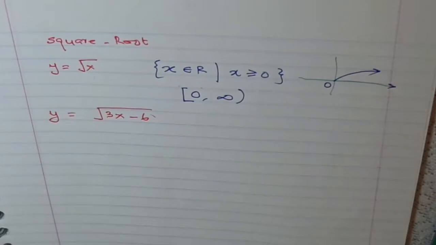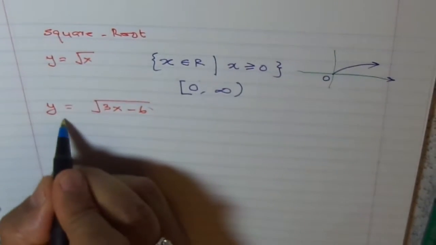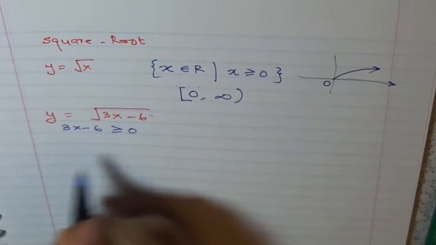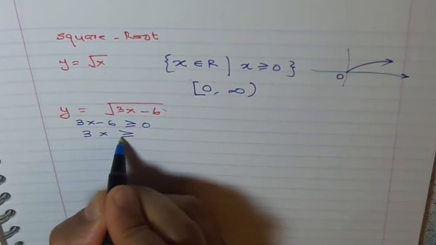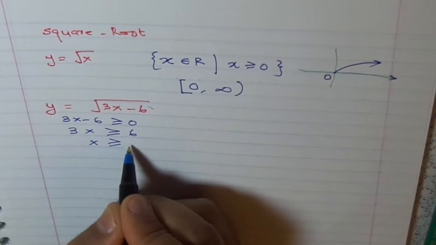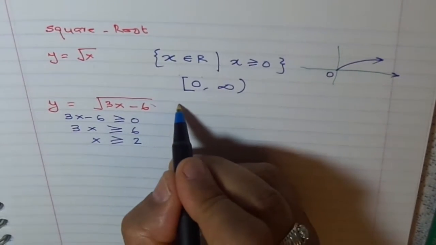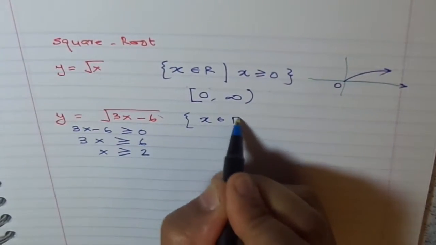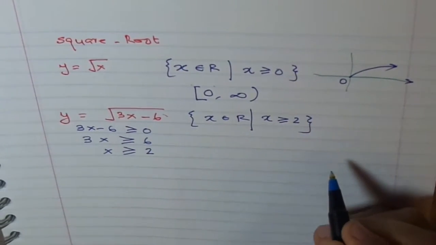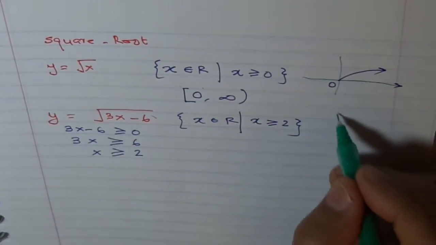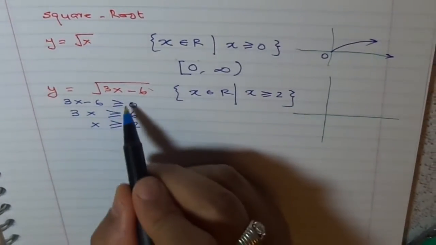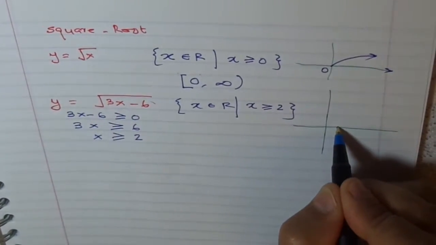We'll say 3x minus 6 should be greater than or equal to 0, and we'll solve this inequality. 3x is greater than or equal to 6, or x is greater than or equal to 6 divided by 3, which is 2. So here we can write that domain is set of real numbers where x is greater than or equal to 2. Correct? And on a transformed function like this, you will see basically x is greater than 2. It moves 2 units to the right.